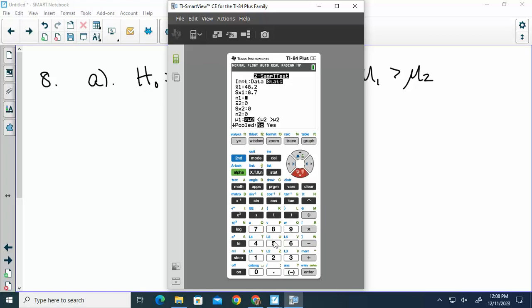Number in the first set is 45. Mean of the second, 45.2. Standard deviation of the second, 10.3. Number of the second, 41. Test greater than, not pooled, calculate.